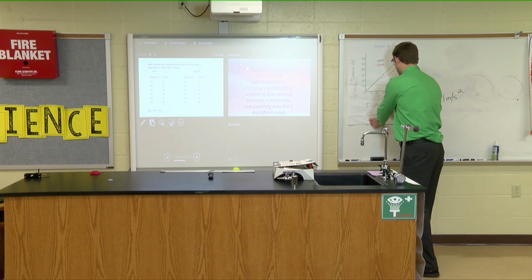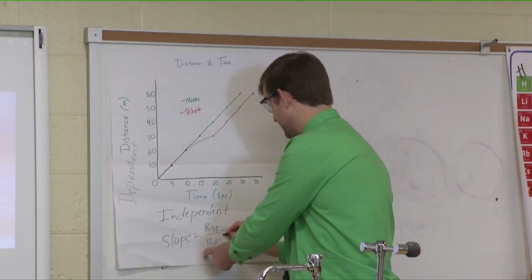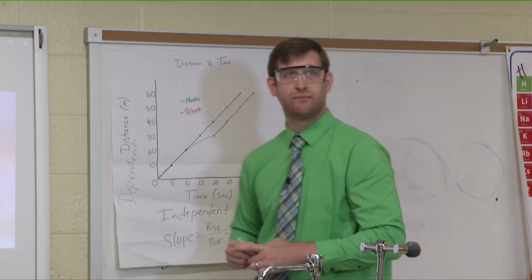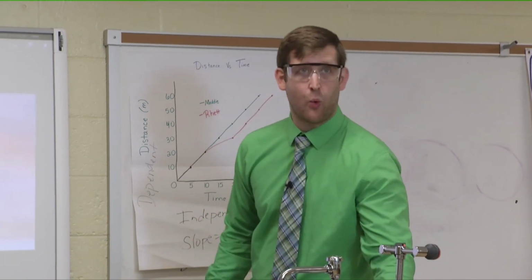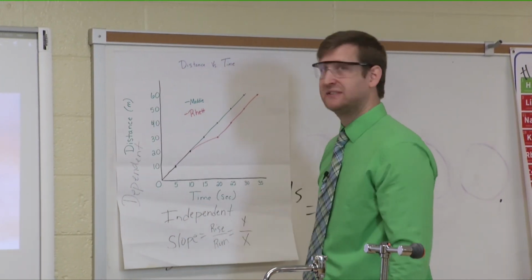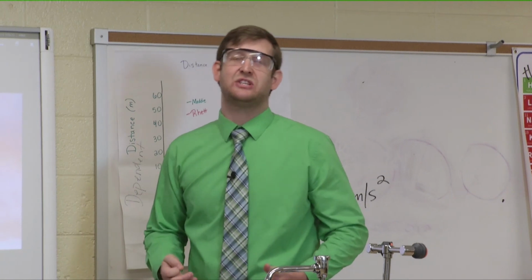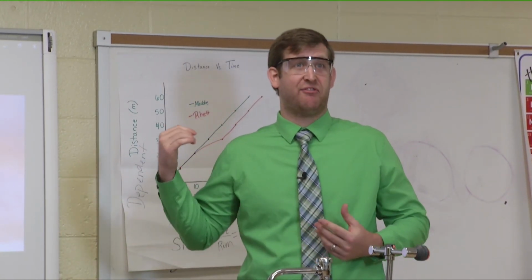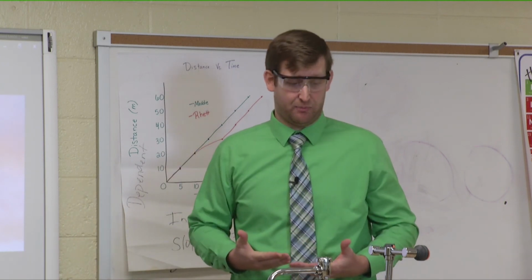You can say rise over run, or you can say it's your y over your x. Rise over run, or your y over your x. So in a distance versus time graph, we can actually discover who had the fastest average speed.